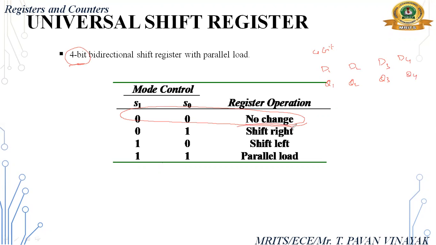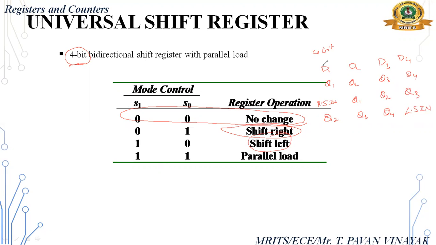Shift right means what are the inputs to the flip-flops? For the right shift input, for the first flip-flop, Q1, Q2, Q3. For left shift, it is Q2, Q3, Q4, the left shift input.